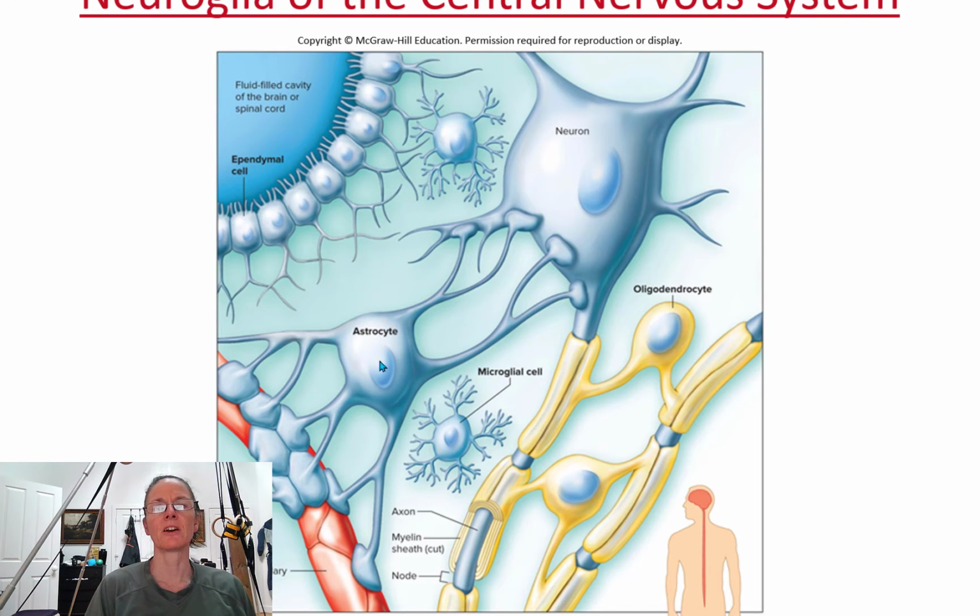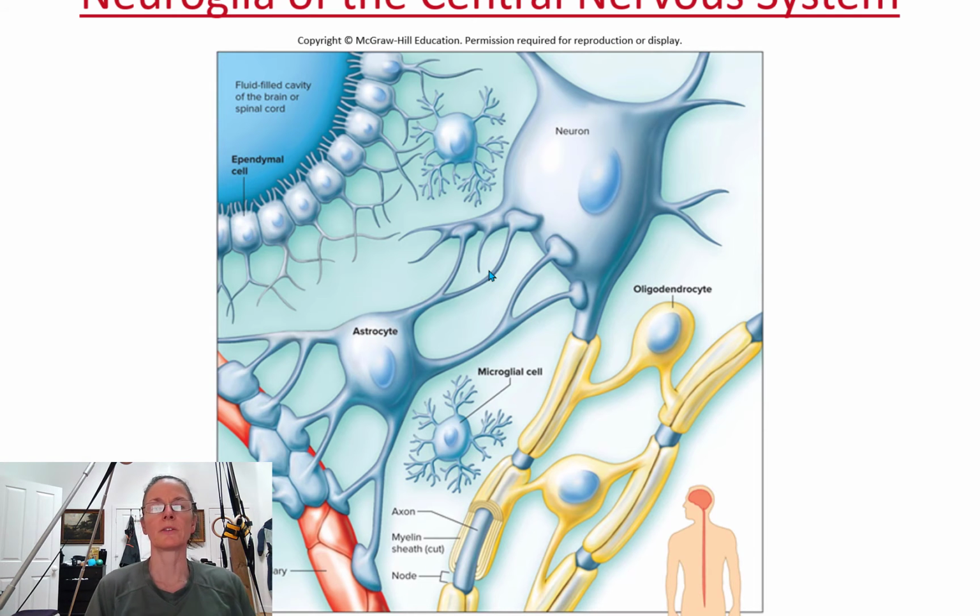And our astrocyte has several functions, one of which is to regulate the interstitial concentrations of certain ions. And this is important because, as we know, neurons are electrically excitable cells, very similar to what we saw with muscle cells.